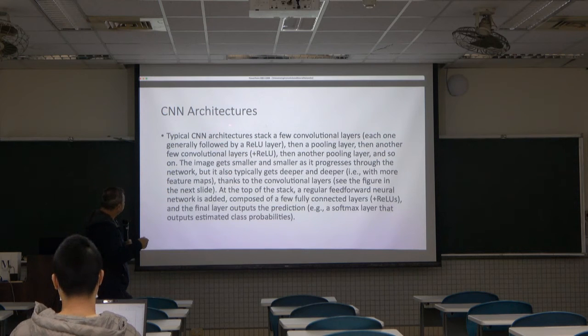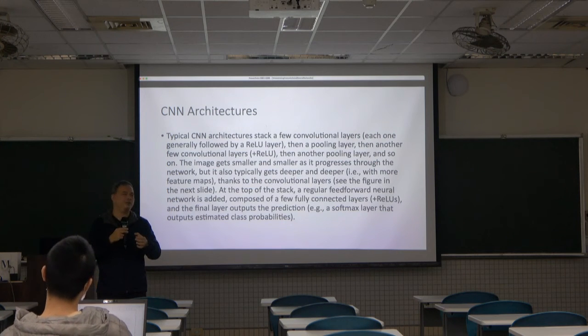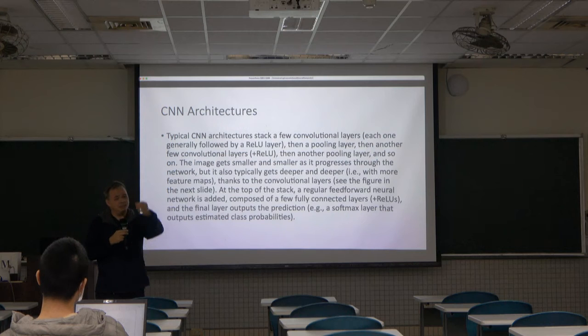So as I say, as the CNN architecture gets deeper, we will normally get more and more feature maps. At the top of the stack, because each feature map will be shrunk into one number, either using global average pooling or because it happened to shrink into one number already, you can still call it a feature map perhaps, but it's just a lot of numbers stacking up.